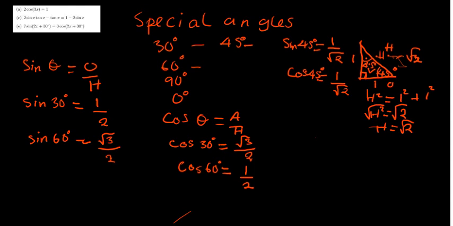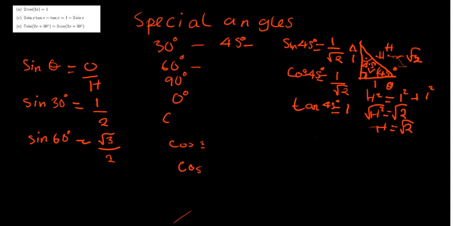Now what of the tan ratio? Tan theta is equal to opposite over adjacent. The opposite is 1, then the adjacent is also 1. So 1 over 1 gives 1. So that is tan 45.